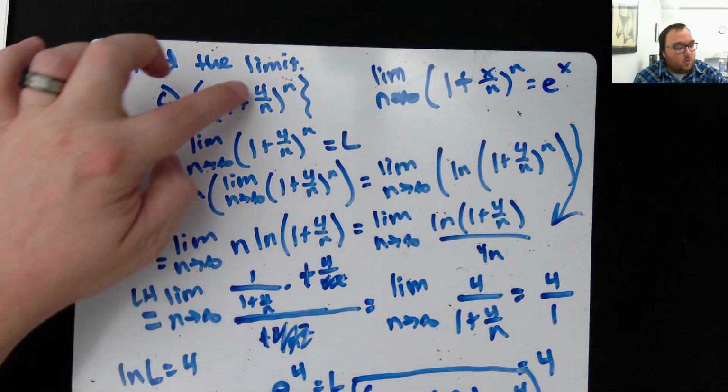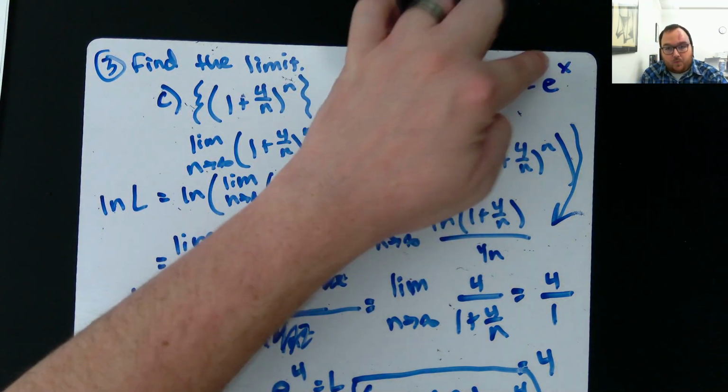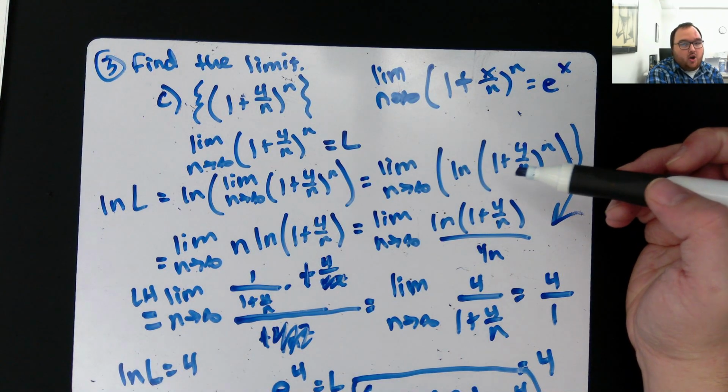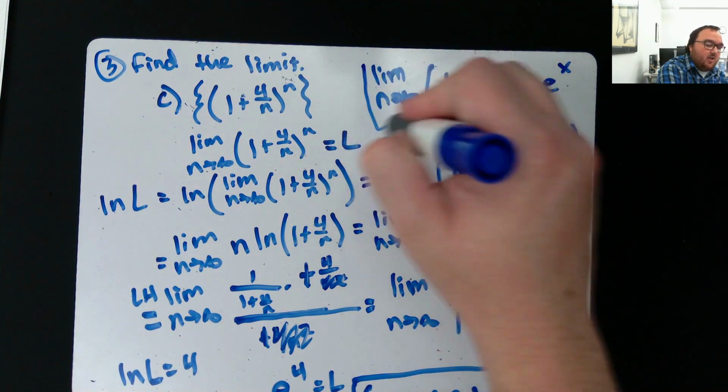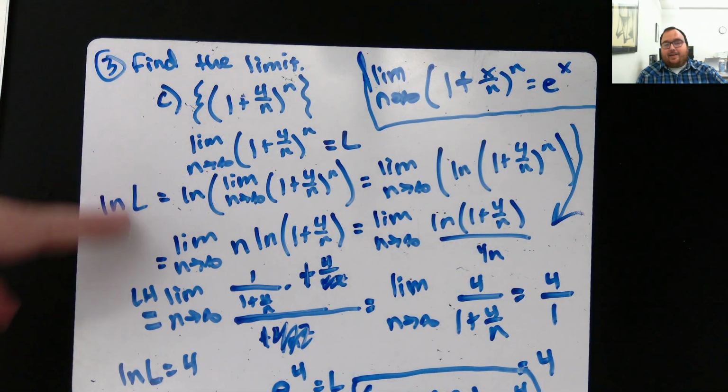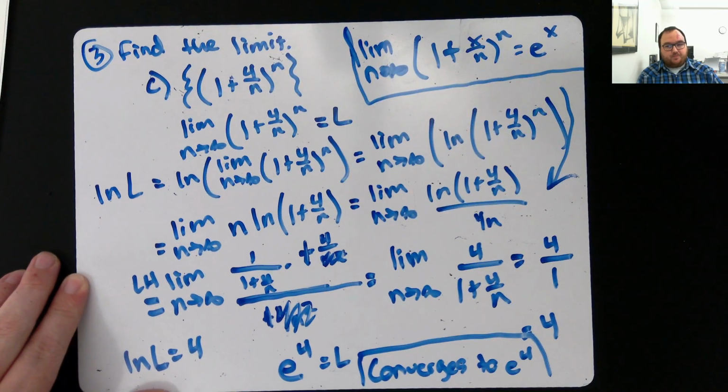So since I had a 4 here, that's e to the 4. If I have just a 1 there, that's just e, and on and on and on. So write this down. This is important. We're going to use this several times. But again, this is how I get that.